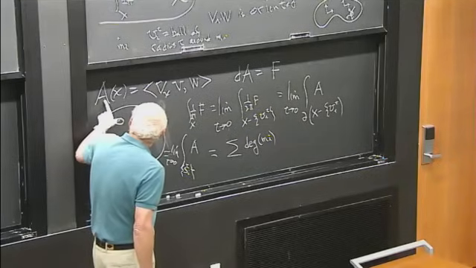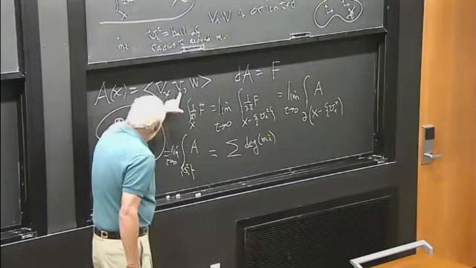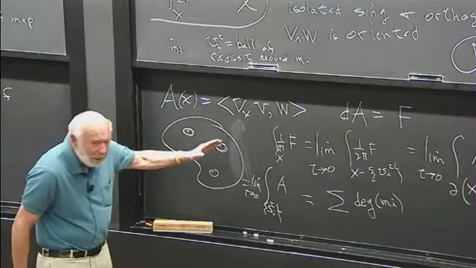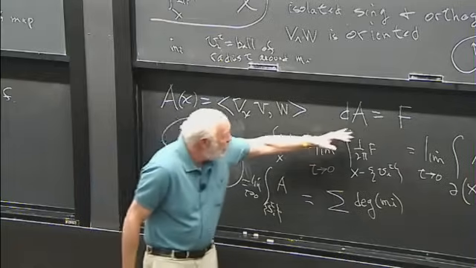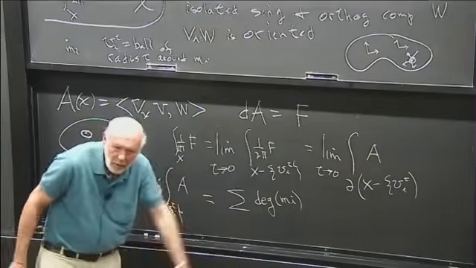You might worry, but this is defined everywhere except there. You can see that its differential at least is very well controlled, because its differential didn't have anything to do with those vector fields. So it's all okay.